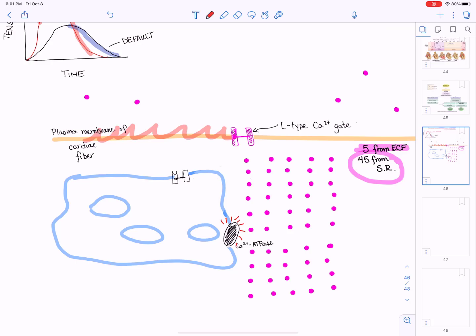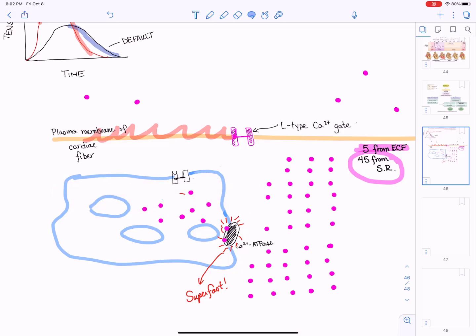Let's consider another example. This time we're going to supercharge calcium ATPase because the sympathetic nervous system is going to release norepinephrine on the beta-1 receptors of the myocardial contractile cells.